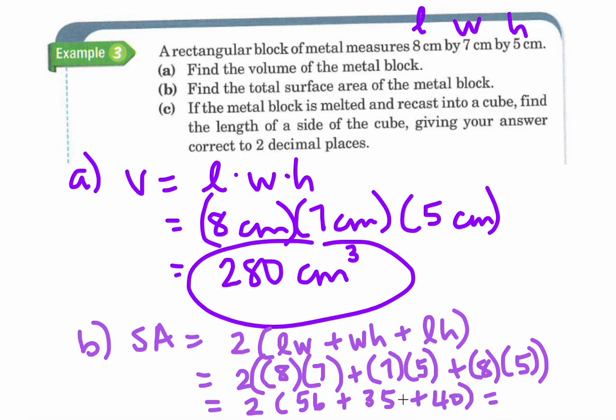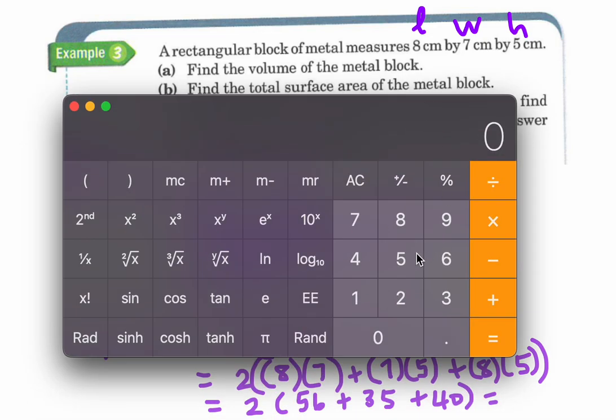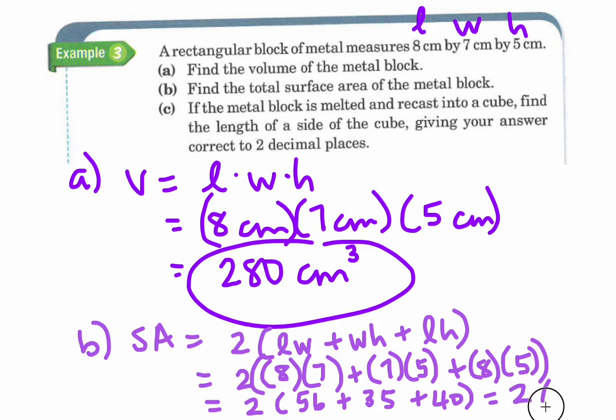Okay, so then I have to add all these together first. 56 plus 35 plus 40. Okay, that's all my rectangles' areas added together. And then at the end, I take that 131 and multiply it by 2. So let me repeat what we just did because there's a lot of order of operations going on.